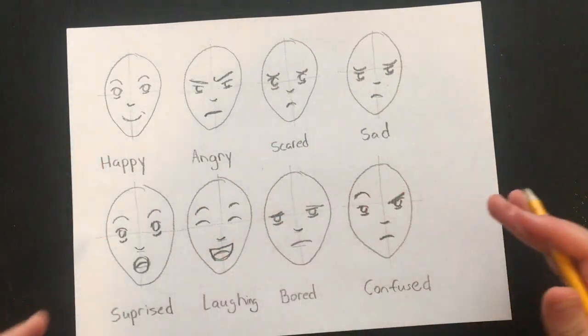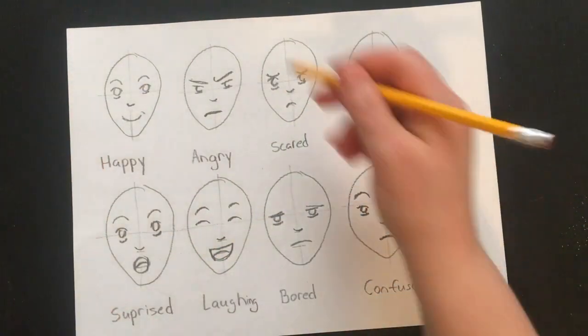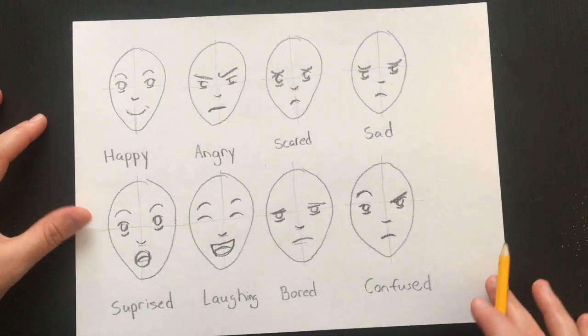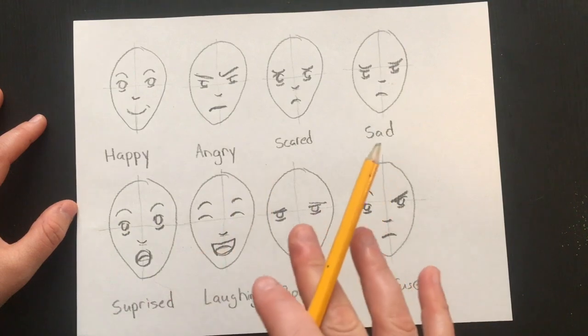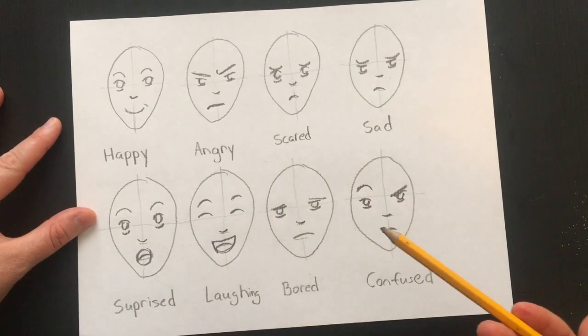Now, at this point, I'm going to start to add some other features to my people. I'm not just going to leave them like this. And then I'm going to outline the important parts and erase the pencil lines I used to help me draw.